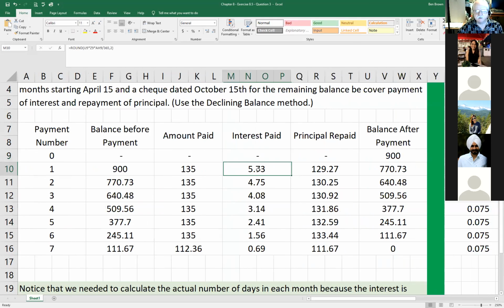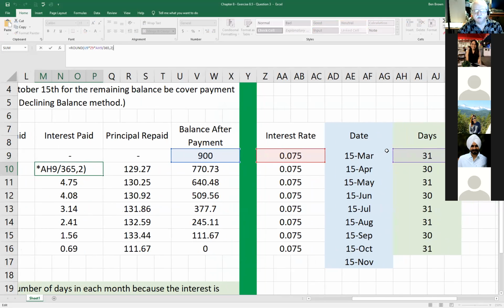Because when we're calculating the interest, what I had to do is take the payment times the interest times the number of days divided by 365.